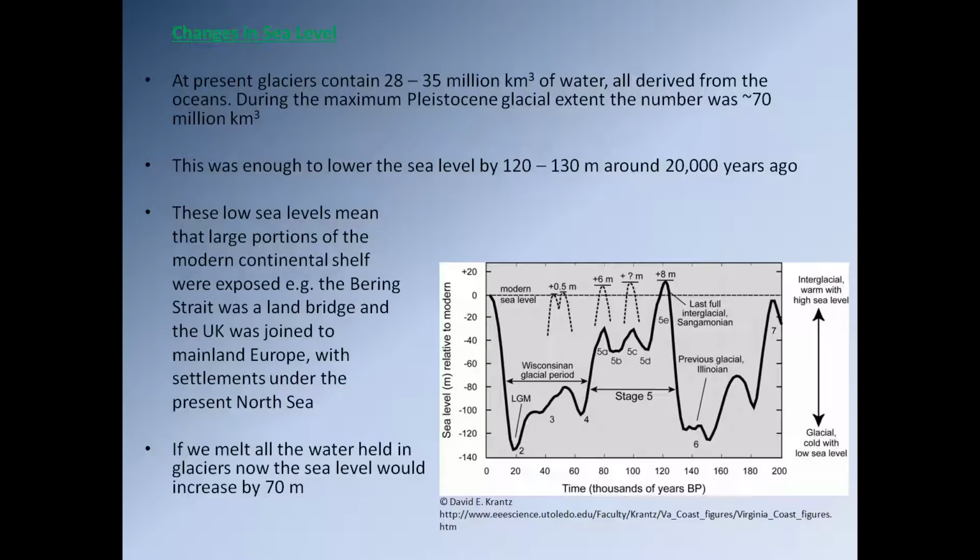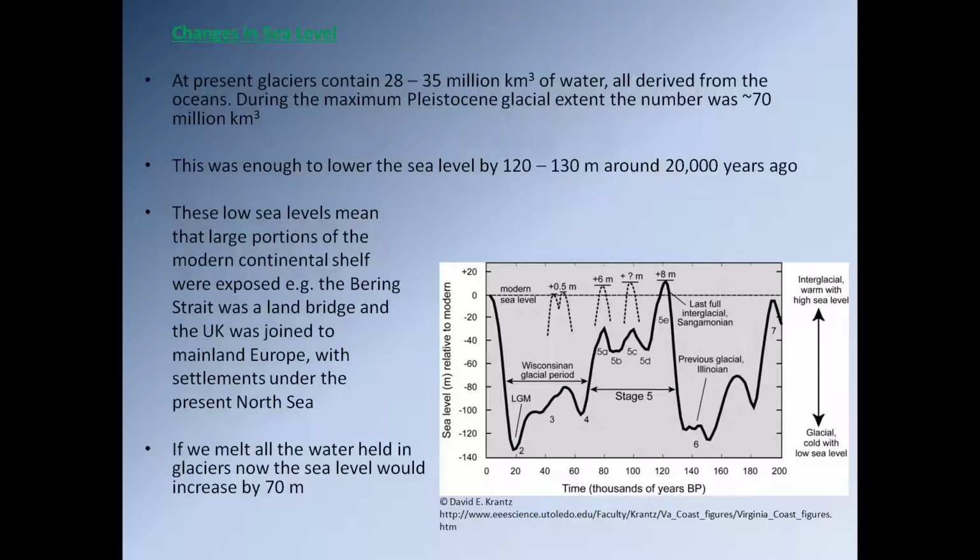At present, glaciers contain around 28 to 35 million cubic kilometers of water. And obviously all that water came from the oceans. During the Pleistocene maximum, where we had the maximum amount of glaciation, that number was around 70 million cubic kilometers.